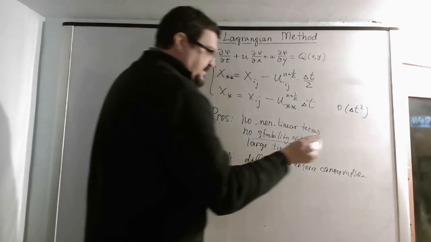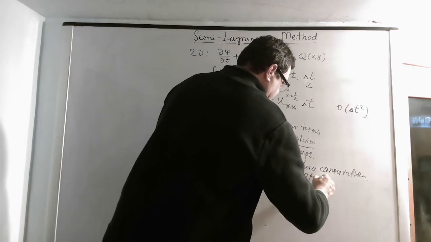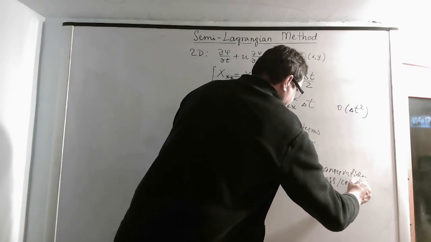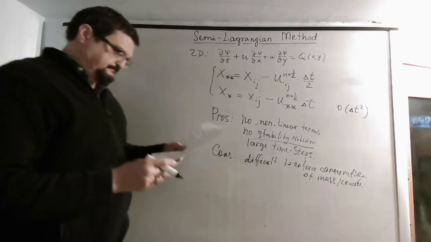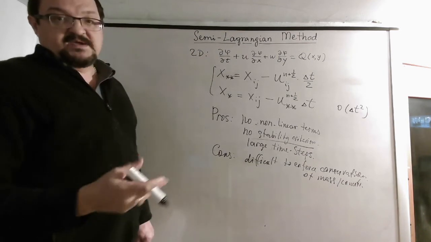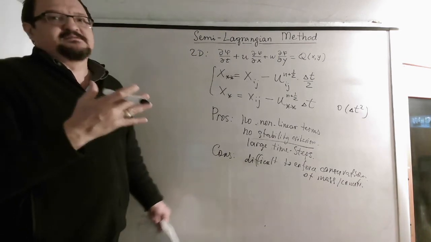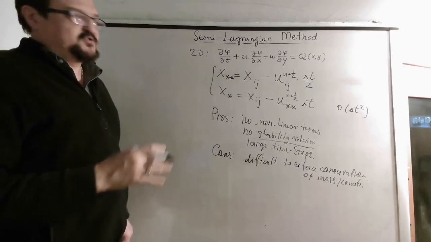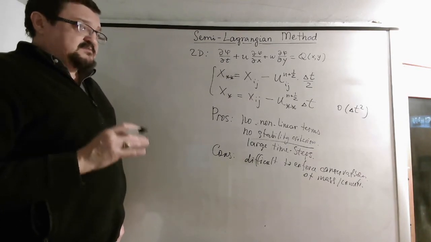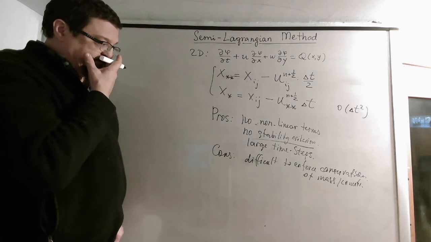So conservation of mass or concentration of transported quantity. Or in case of velocity, conservation of momentum, let's say, or even about energy. I'm not even talking about conserving energy. So that's the main disadvantage of semi-Lagrangian.